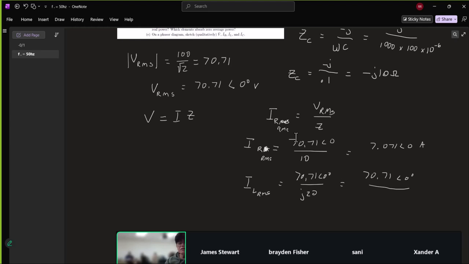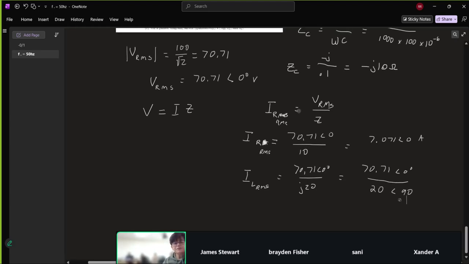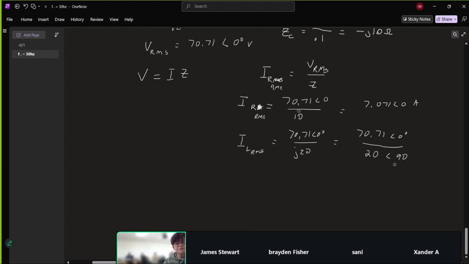If it's a positive j, it's a positive 90 degrees. If it's a negative, it's a negative 90 degrees. So this is the same as 20 angle 90. So this would be about 3.5 angle negative 90 degrees.